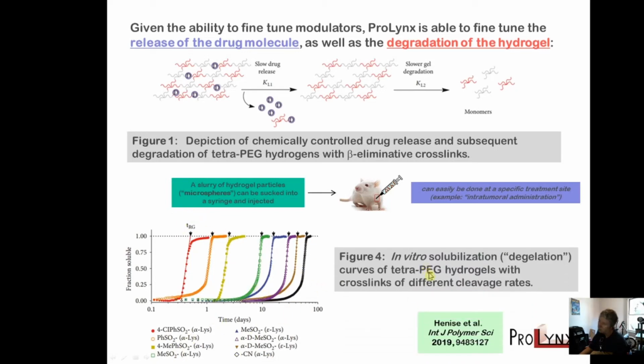From this paper, in vitro solubilization or degelation curves of tetra-PEG hydrogels with cross-links of different cleavage rates. It's really cool that they can fine-tune the rate of cleavage. The other thing to note is in addition to the substituents, they also have these different lysine flavors, and we'll show on the next slide what these alpha lysine ones and epsilon lysine ones look like.